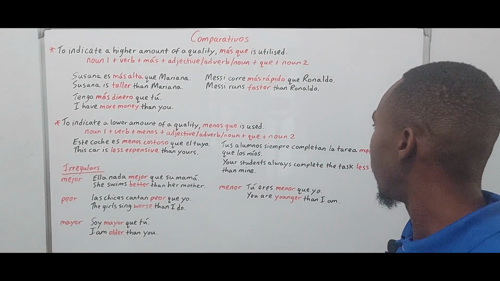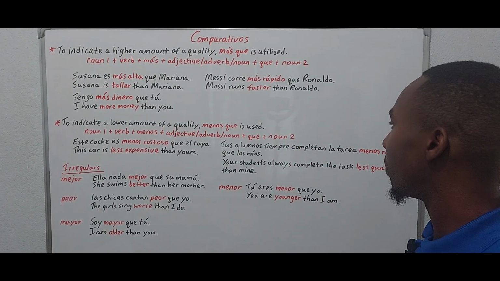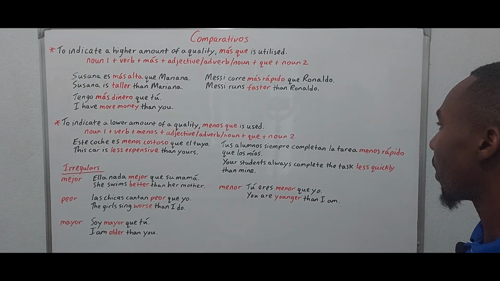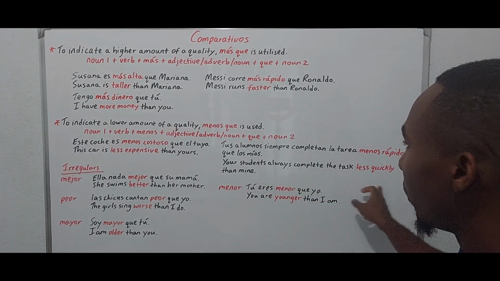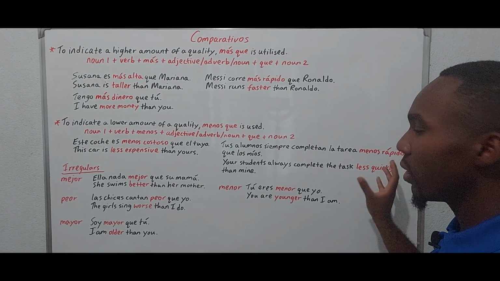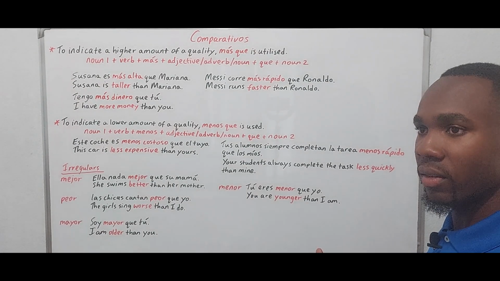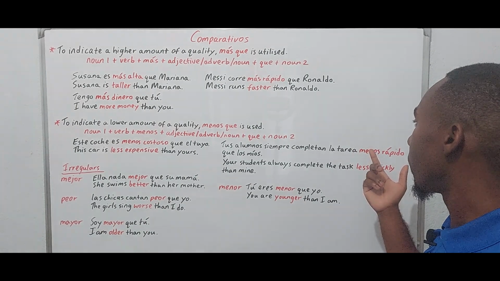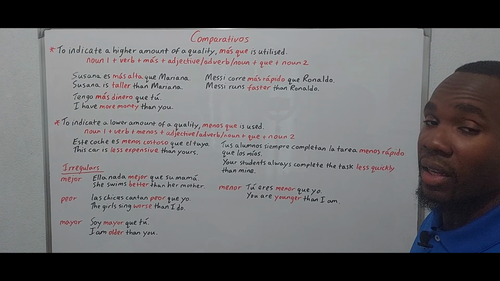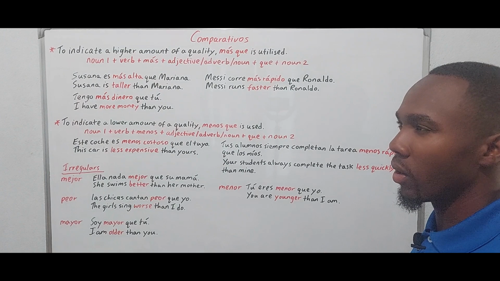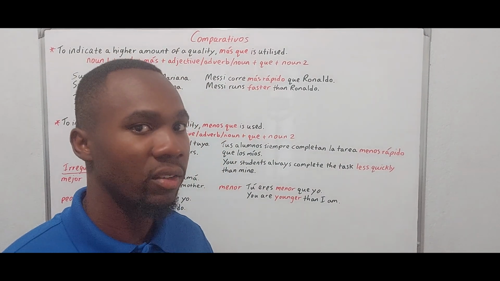Muy bien. And if we go over here, tus alumnos siempre completan la tarea menos rápido que los míos. Your students always complete the task less quickly than mine. It sounds a little awkward, but for the sake of the example, if we were speaking, we would say, your students always complete the task slower than mine, just for the sake of sounding less awkward, right?